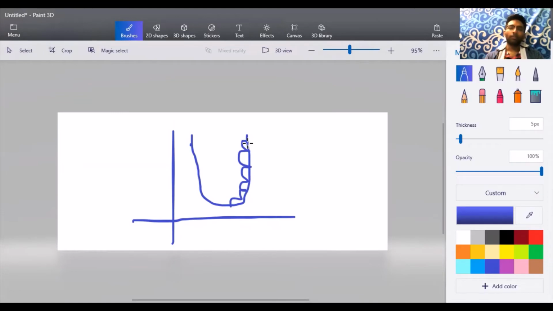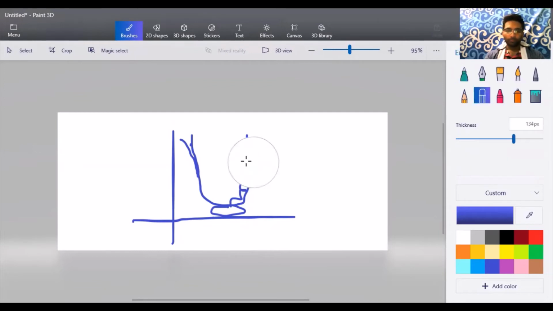I am a human, I have my eyes. By seeing this diagram, I can tell that at this particular point my minima is there, but my code doesn't have eyes. So how we are going to guide it to reach the global minima, that we are going to see now.